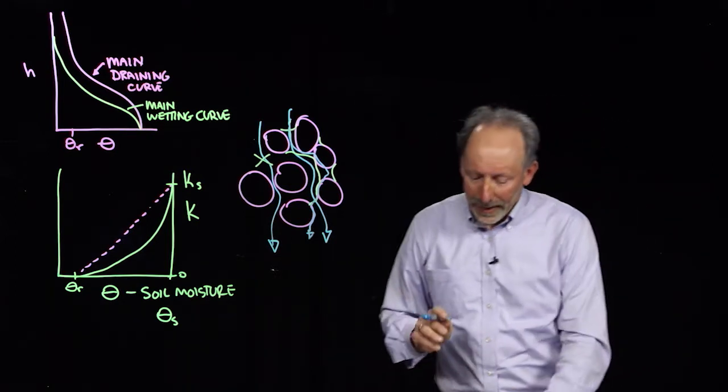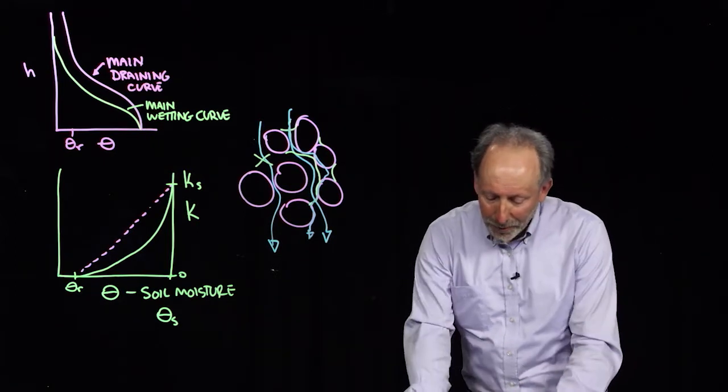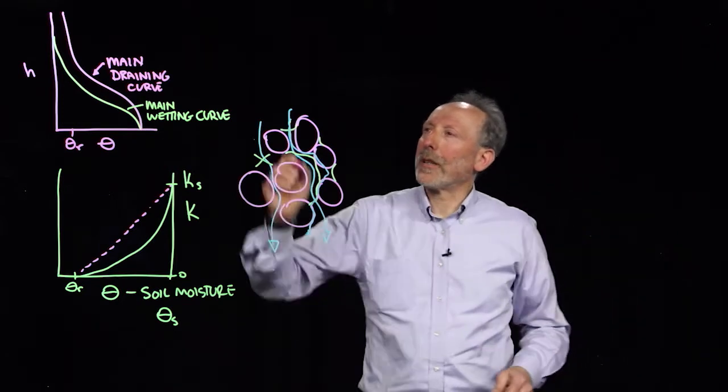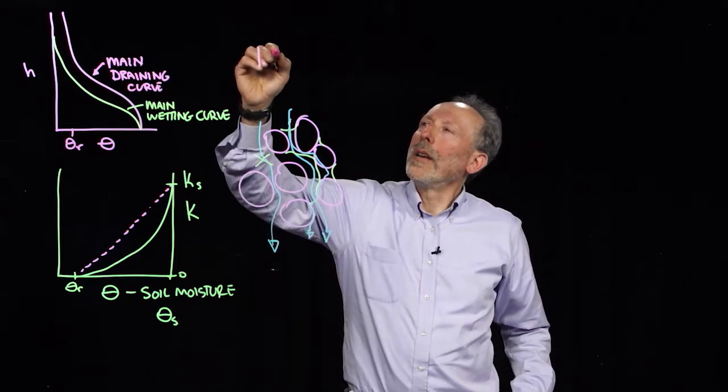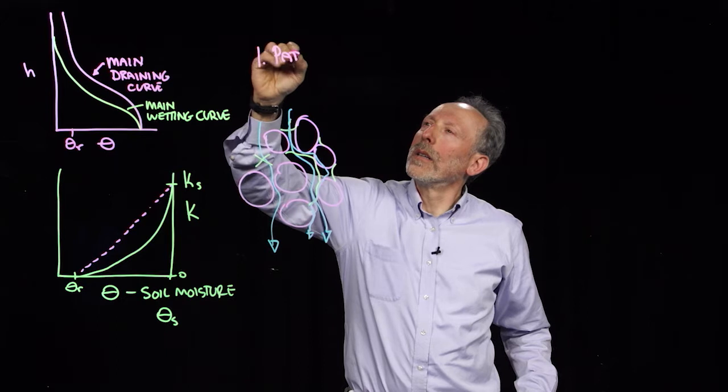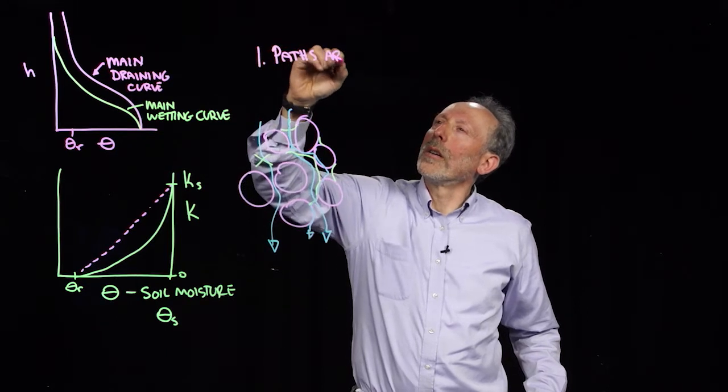So what we have then are several factors which decrease the hydraulic conductivity. Number one, the paths are longer.